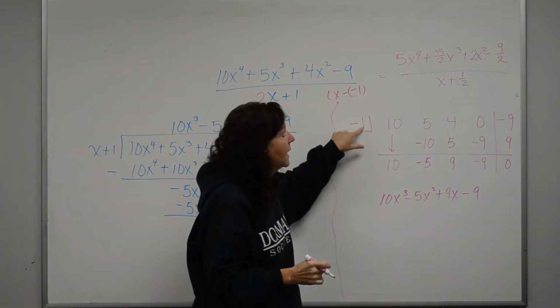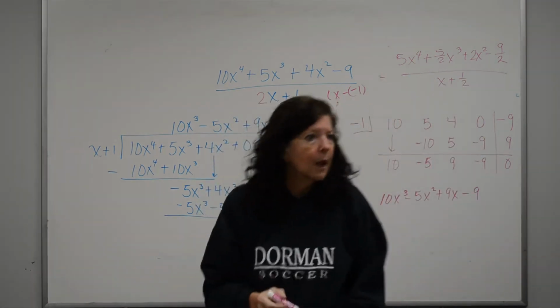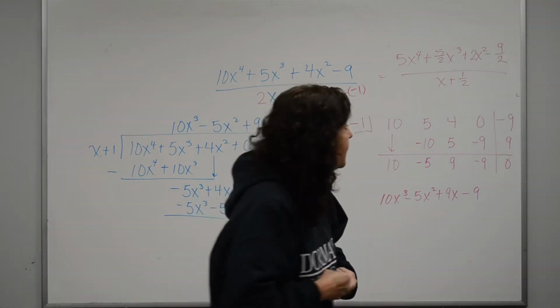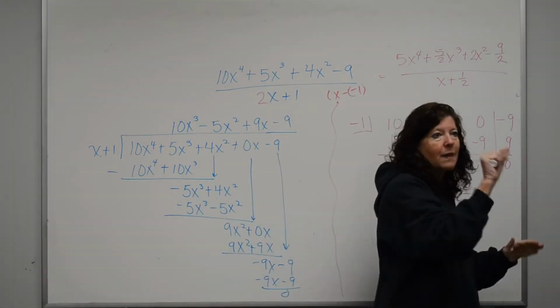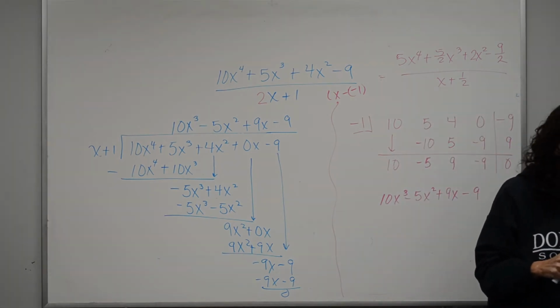So then I would have a negative 1/2 right here in each of those. And when you get to the end, if you had a remainder, you would have to multiply through top and bottom to get rid of that remainder that was a fraction. If it was a fraction, you can't leave a fraction within a fraction.